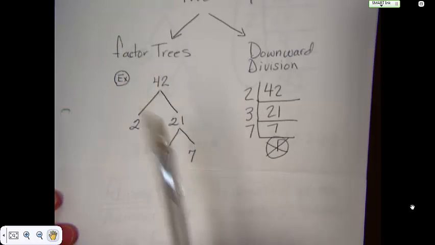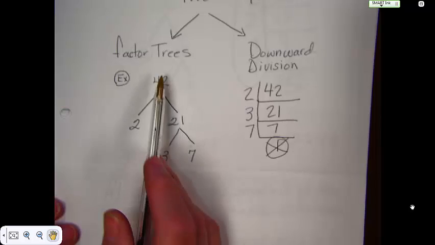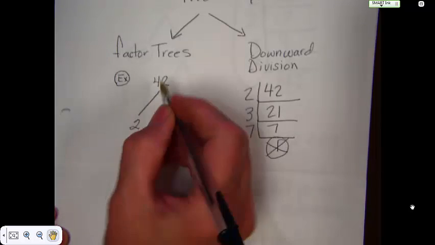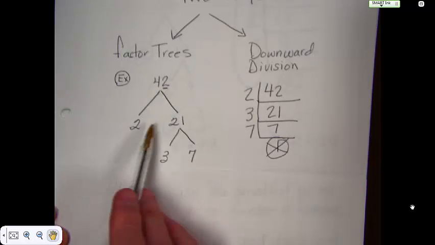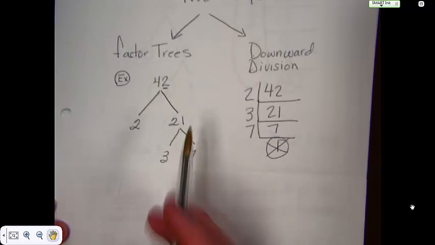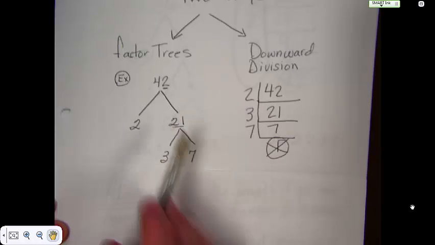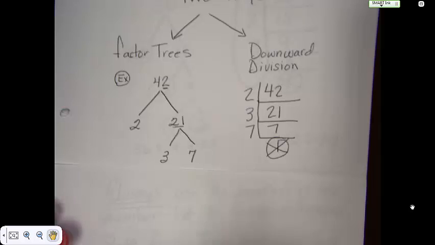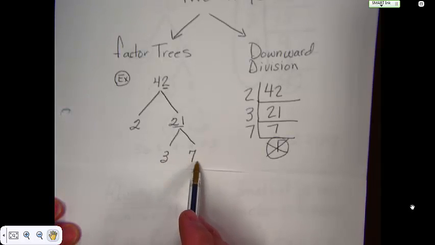All right, a factor tree looks like this. Start with the number 42. Take 2 into 42 because you know it's divisible by 2 because it's even. 2 times 21, and then you have to look at 21. 2 plus 1 is 3, and 3 is divisible by 3, so 21 has to be divisible by 3. 3 times 7.